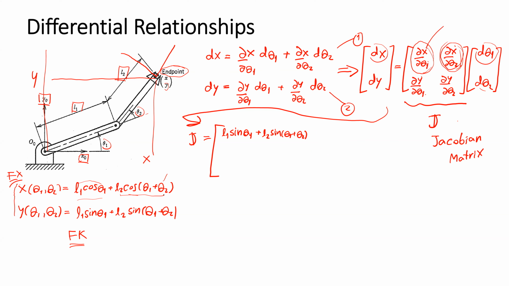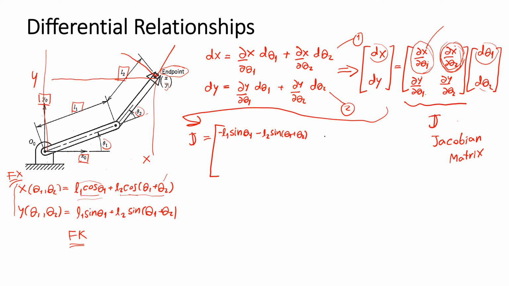The derivative of this term by θ2: the derivative of cosine is minus sine. Oh, I'm sorry, the derivative of cosine is minus sine. Partial x by θ2: the first term, the derivative of a constant is 0.